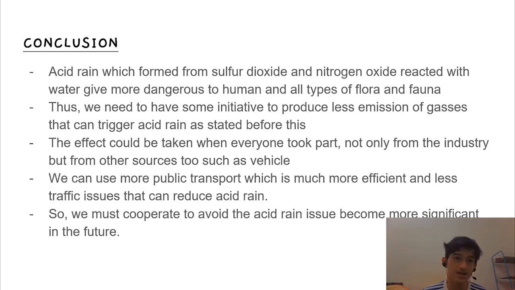The effect can be achieved when everyone takes part, not only industry but also other sources such as vehicles. We can take part by using public transport, which is more efficient and has less traffic issues, and that can reduce acid rain. We must cooperate so that the acid rain issue does not become more significant in the future.